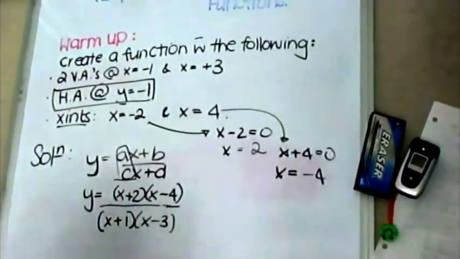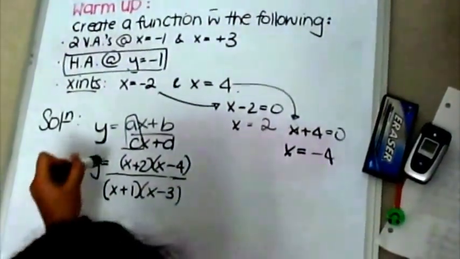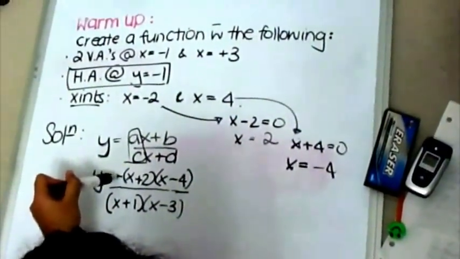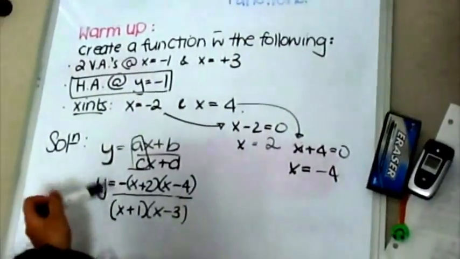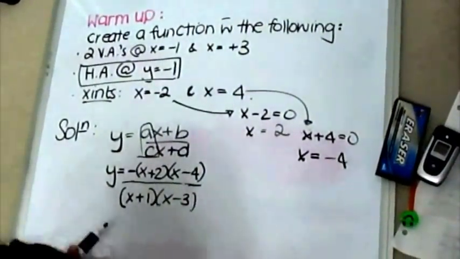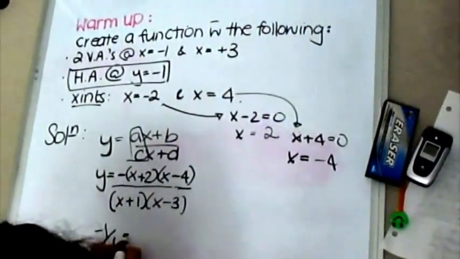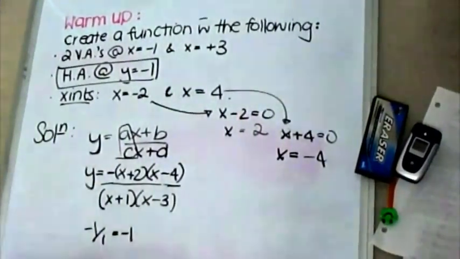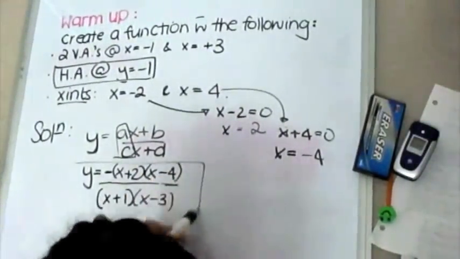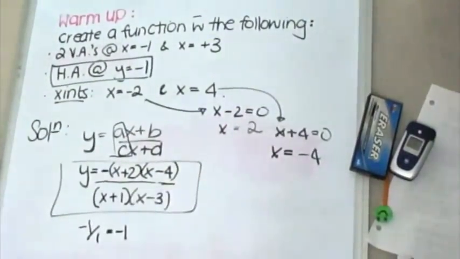But since it's -1, we can simply assume that the negative is the value over here, the a value. And we know that -1 over 1 is -1, so this actually proves true, and there you have it. That's your equation for the values given, and that's a warm-up.